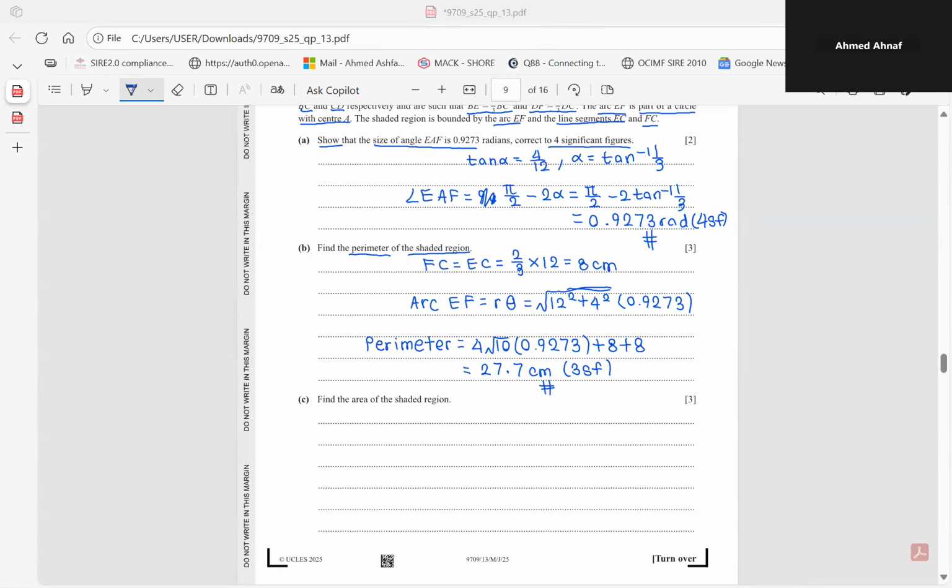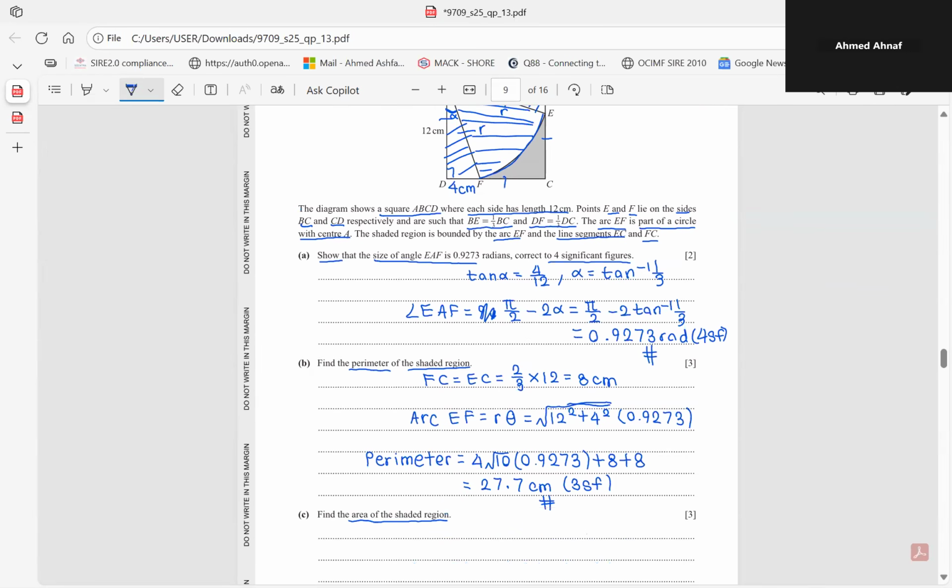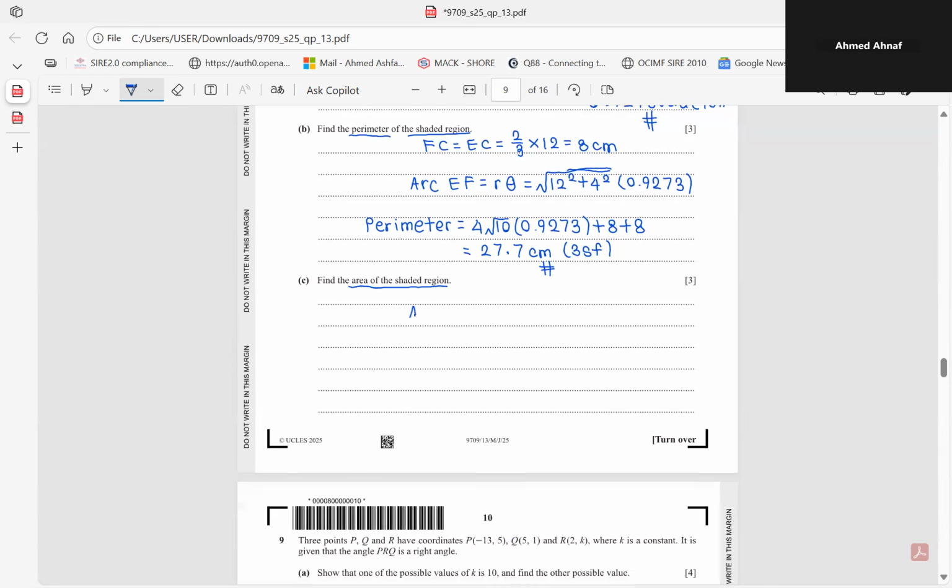Okay, so for this part, we're just going to find the area of the shaded region. To do that, we're going to have to find the area of the square, followed by the area of these two right angle triangles, ABE and ADF, and this sector of the circle. So first of all, area of the square is just 12 times 12, which is 144 centimeters squared.